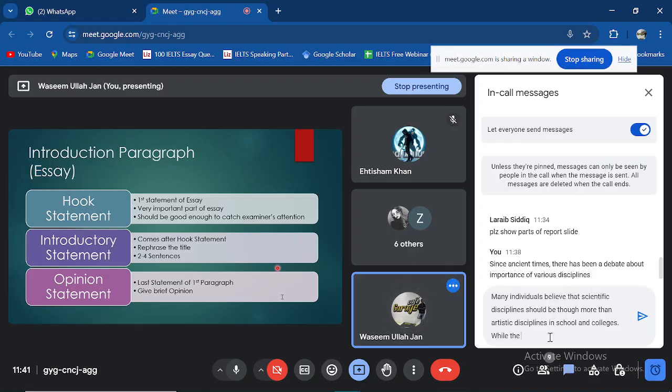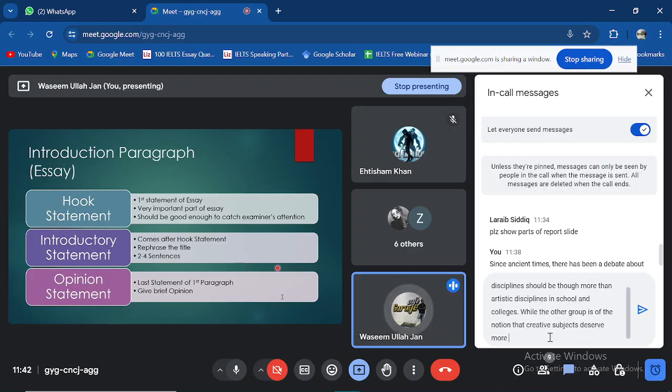While the other group is of the notion that creative subjects deserve more attention in academic years.